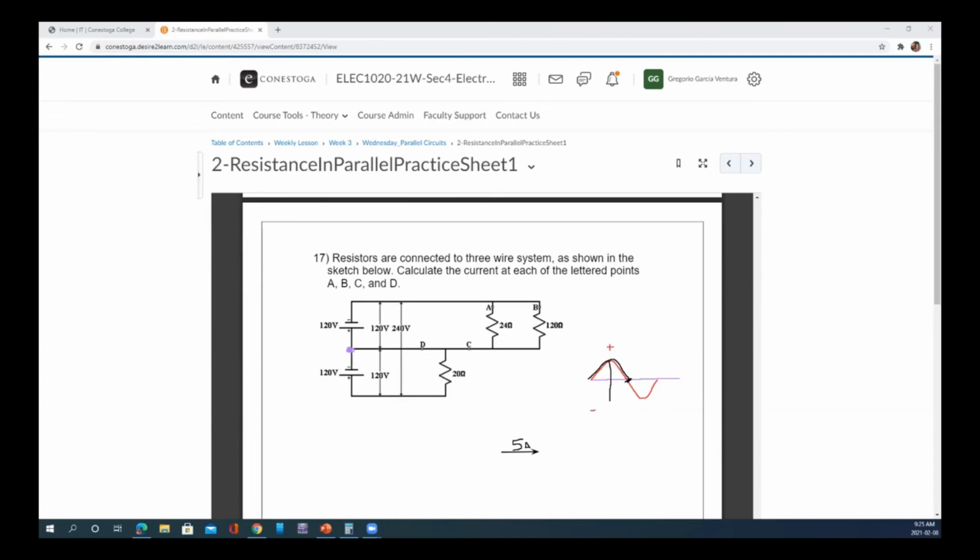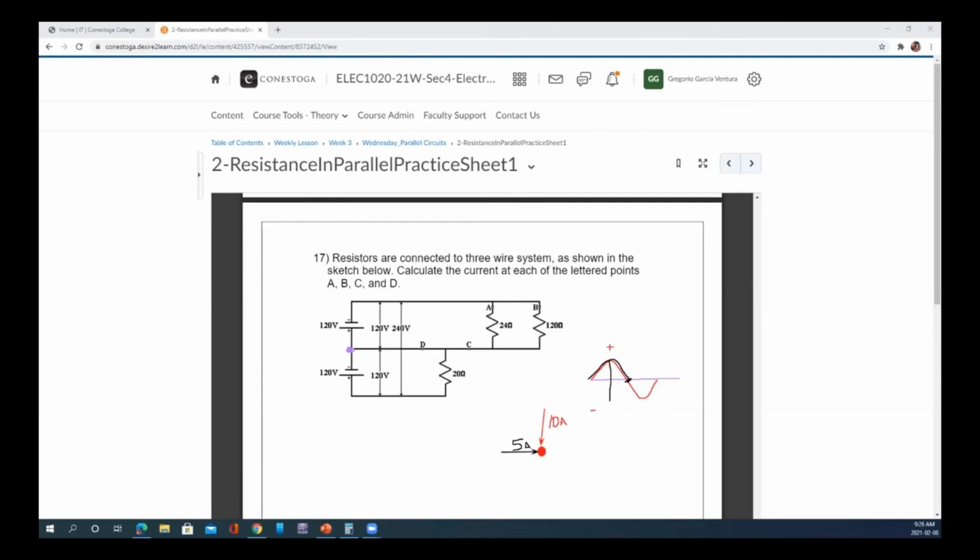I'm just going to draw a little node, a connection point like this one here. So if I have 5 amps that goes into that node and another vector, let's say this is 10 amps, that goes into that node.